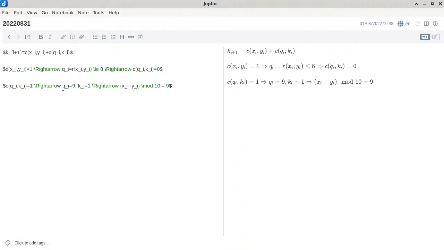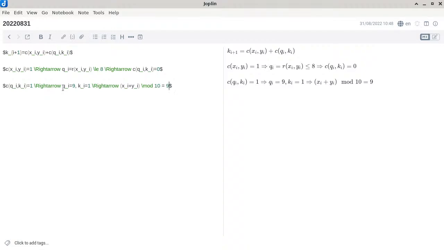But how is that going to help me? Well, there's one extra constraint. Xi is a single digit in base 10. Yi is also a single digit in base 10. So I'm adding a quantity from 0 to 9 to another quantity from 0 to 9, end up with a sum, and if I mod that sum with 10, I end up with a 9. What is that telling you?